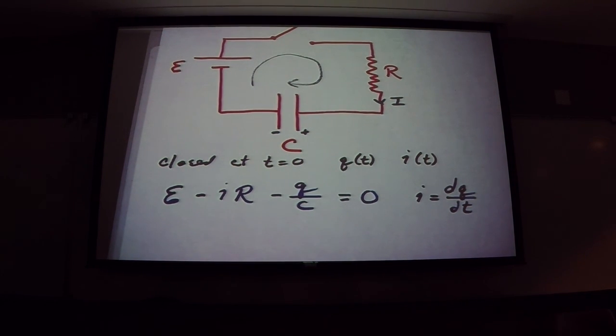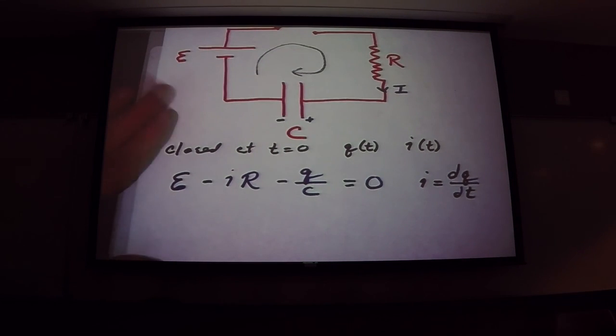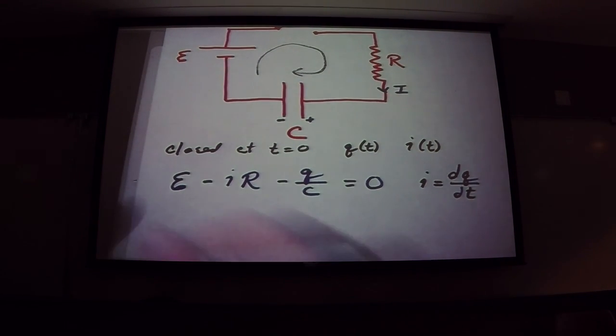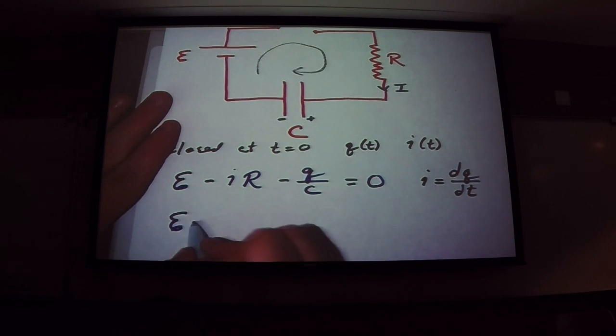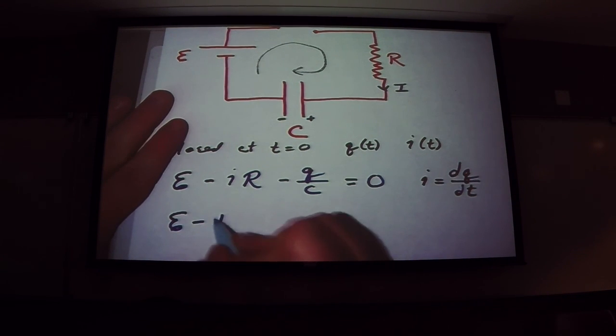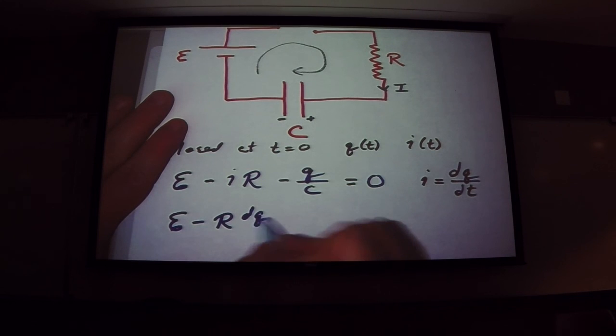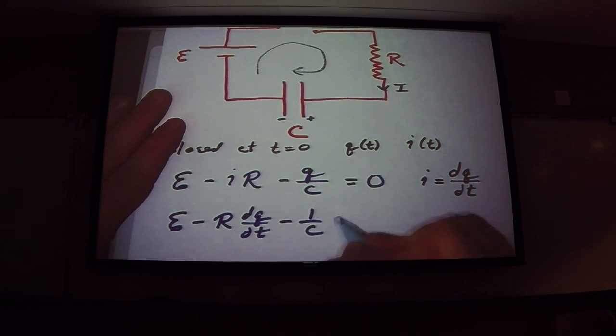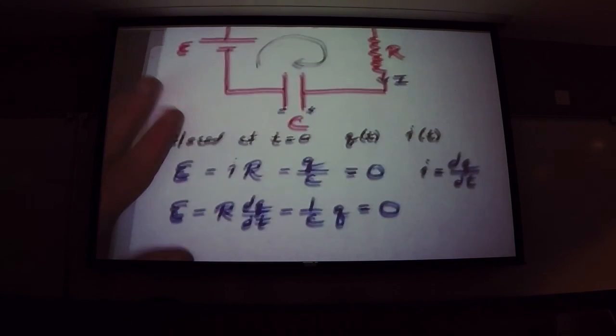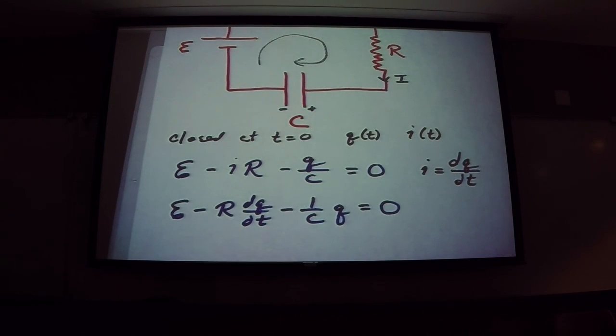And so what you get is an equation that looks like this, where Q is a function of time.